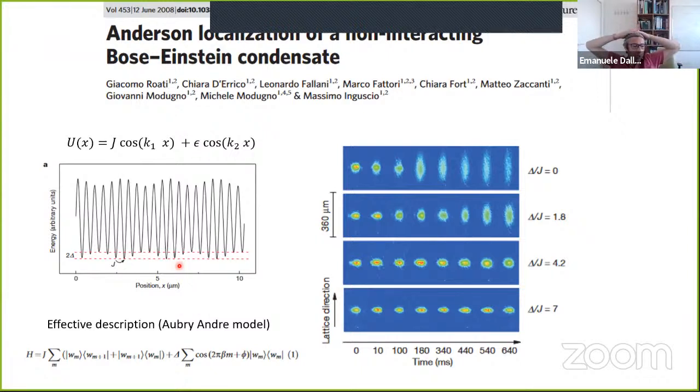It is really these interference effects that prevent you from moving. It's not a simple energetic argument that traps you in the minimum. It is really this interference that we discussed in the context of Anderson localization that prevents you from propagating more and more.